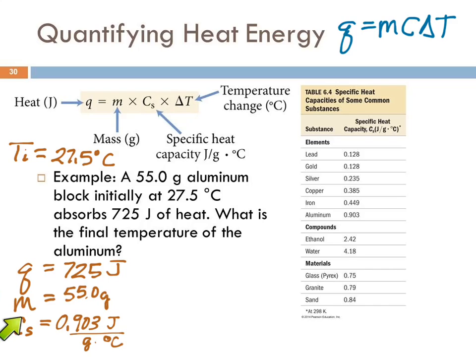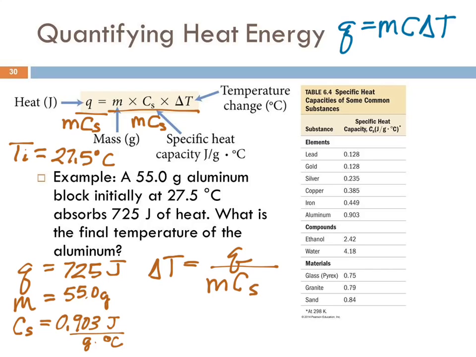We have Q, M, and C. What would be easy to calculate using this equation? Delta T, right? So we can rearrange this equation. We'll divide this side by M and C, and we'll divide the other side by M and C. And then we come up with delta T equals Q over MC.